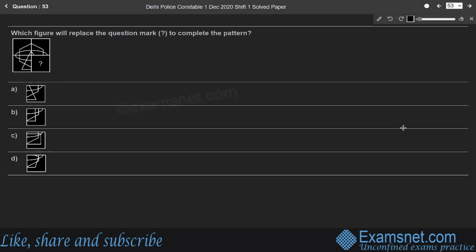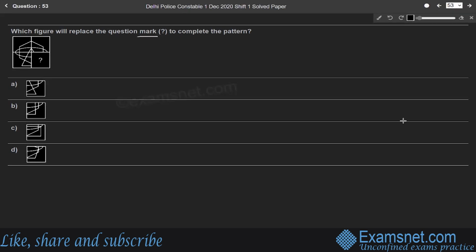Question 53. Which figure will replace the question mark to complete the pattern? So here, the pattern is like this. The whole triangle has to complete like this, and the oval part has to complete, and the hexagonal part like this.